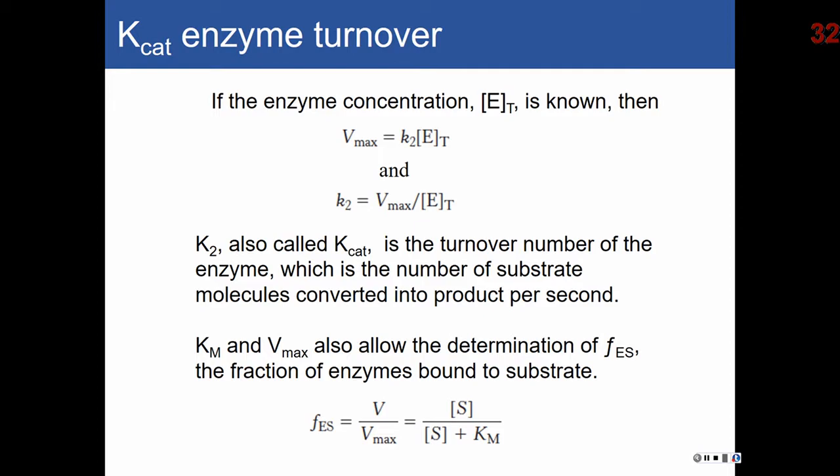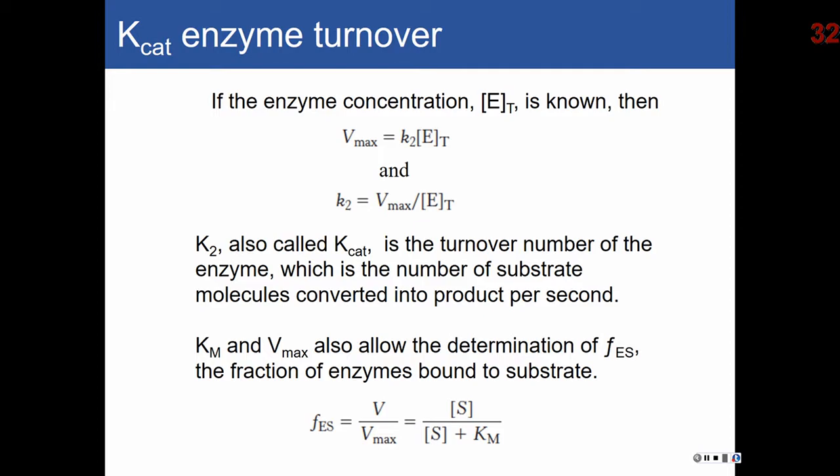We talked a little bit about turnover rates, and we didn't define it this way yesterday, but now we're going to define it. So here's Kcat. Now, Kcat is basically the rate at which your enzyme turns over. So Kcat can be related to the rate K sub 2.